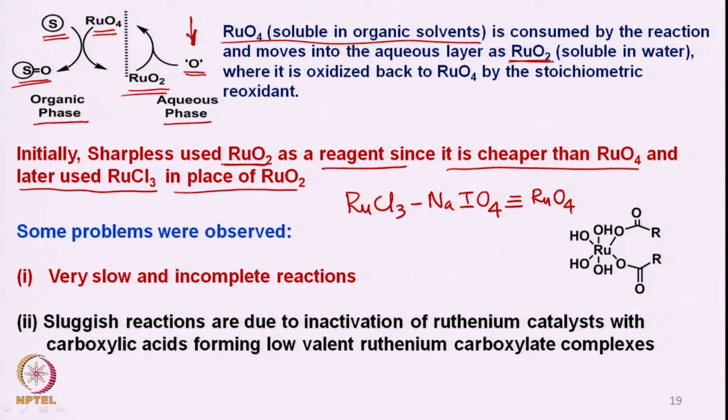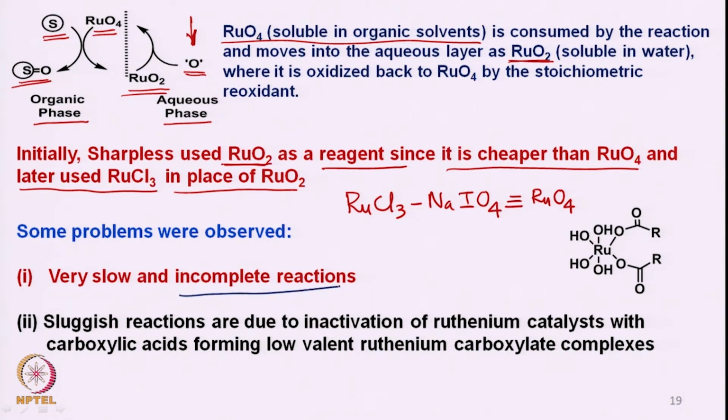However, there are some problems which are observed. For example, with the ruthenium reagents, there are cases where it has been found that the reaction becomes slow and there is an incomplete reaction.